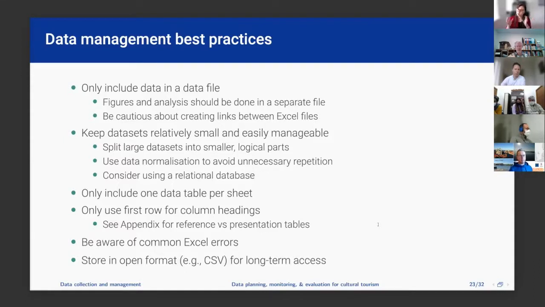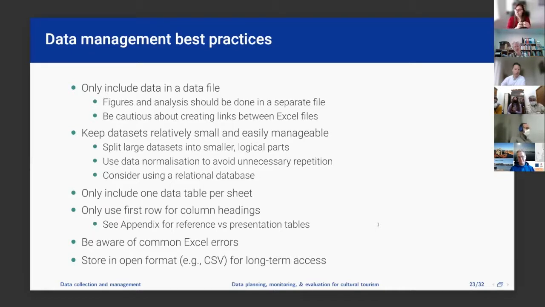When you're working in a spreadsheet, don't include multiple data tables on a single sheet. Break them into separate sheets or break them into separate files. And also, in your data file, you want to have only the first row for column headings. I have a whole appendix for you to look into with a lot more information, no time to talk about it.